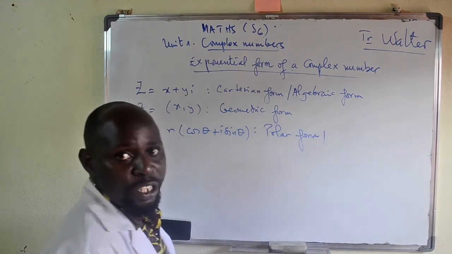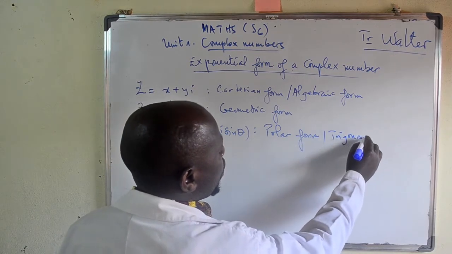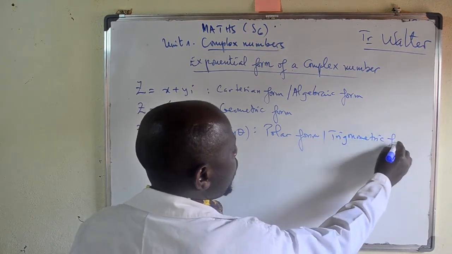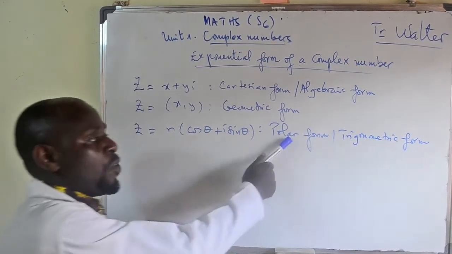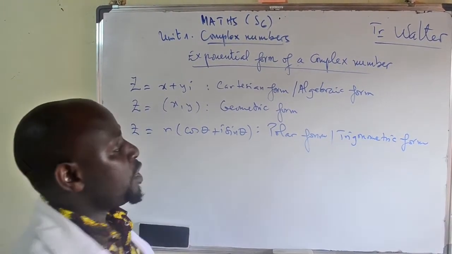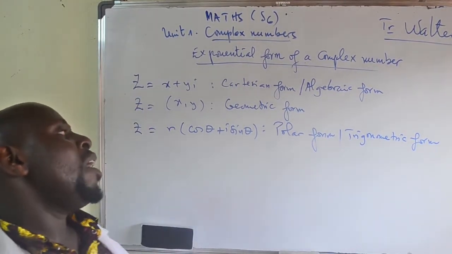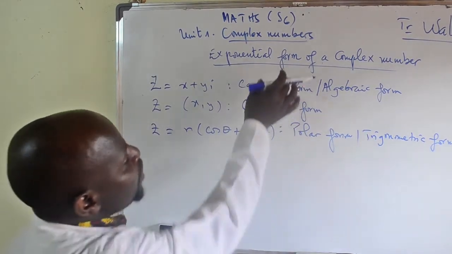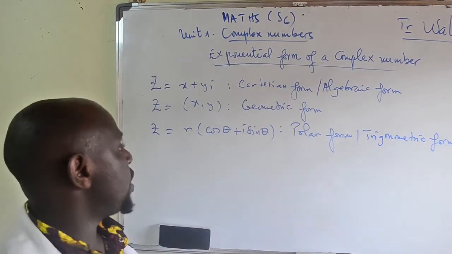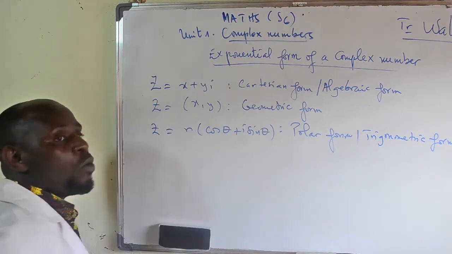We also call it the trigonometric form. So we can call it either the polar form or the trigonometric form of a complex number. Now, ladies and gentlemen, here we are back to talk about the exponential form of a complex number. The exponential form will be of which form?